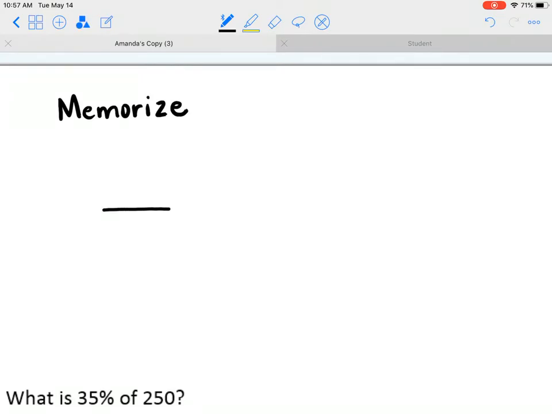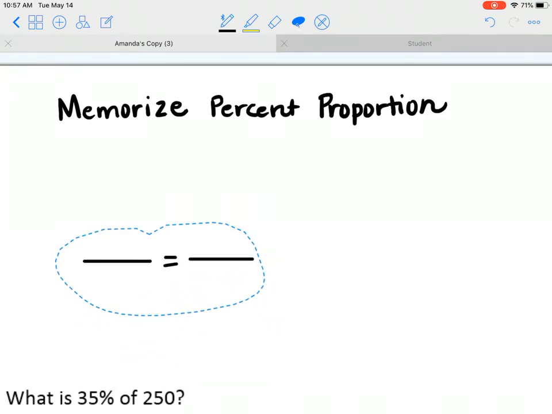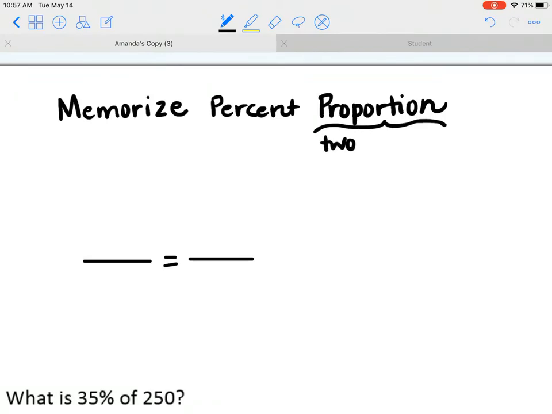You have to memorize a proportion. And I'll explain to you what a proportion is, because that's also very helpful to know. This is the percent proportion. And a proportion, by definition, is two equal ratios.